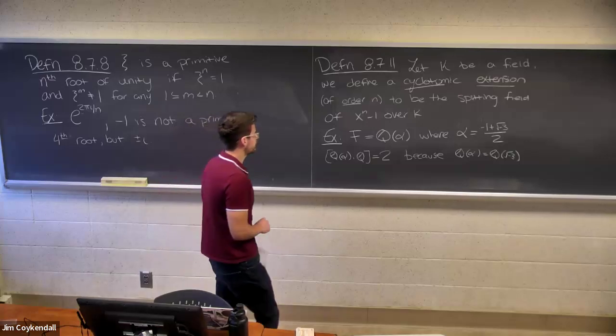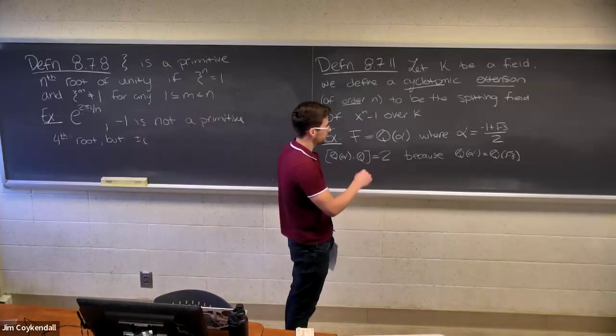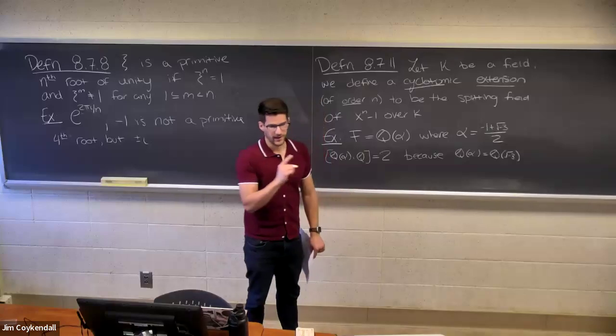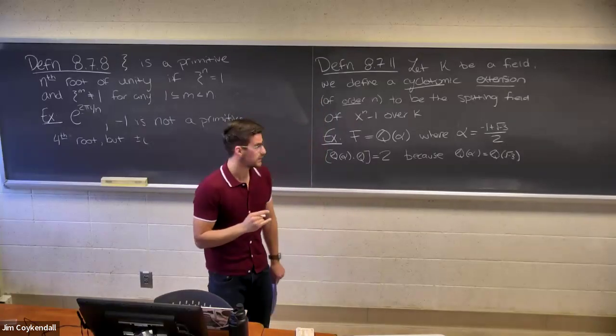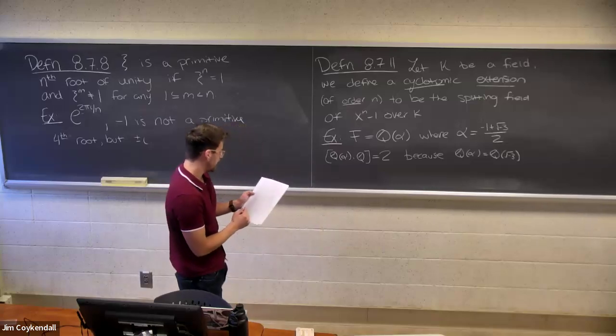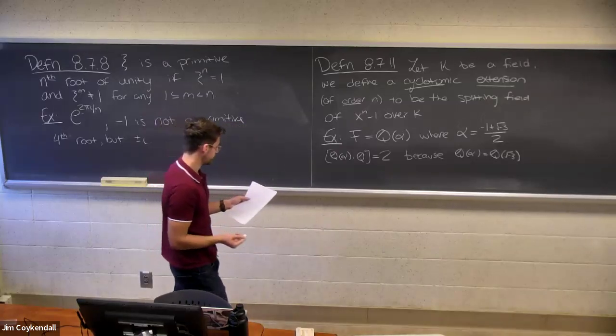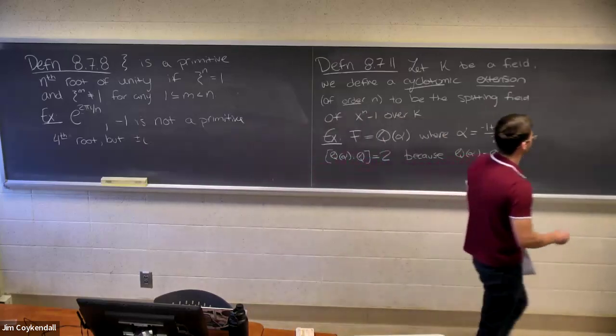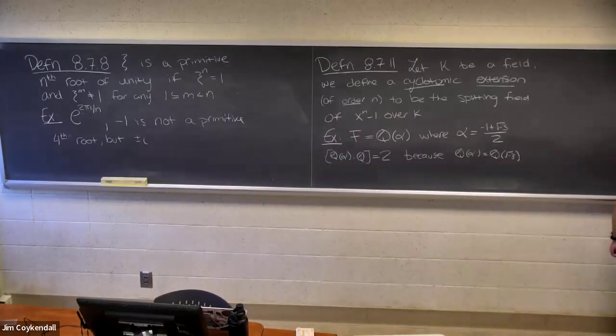So this is a cyclotomic extension of Q, but it's also a quadratic extension of Q. And these are kind of the two nicest examples for what we're going to be looking at going forward. If we're looking at this polynomial over Q, how does it factor?